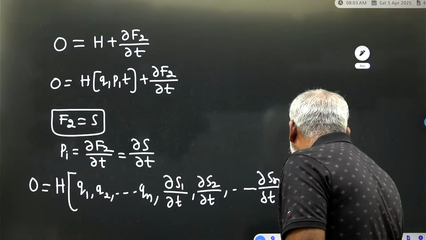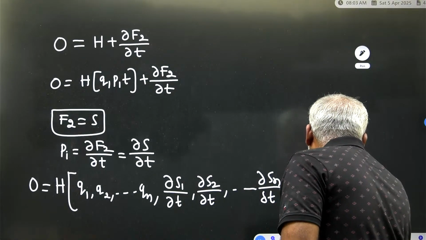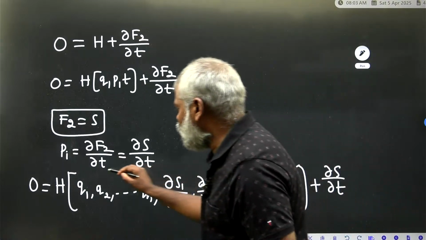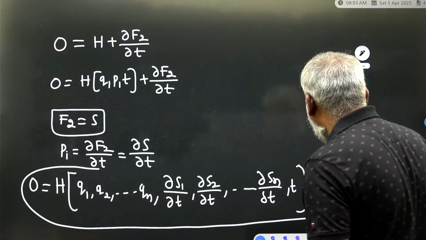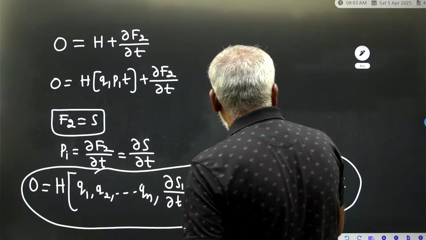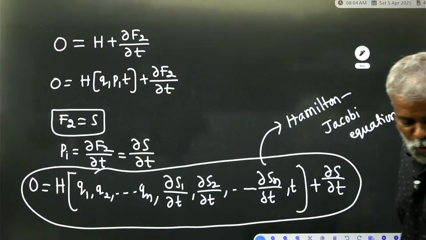This is the Hamiltonian function plus ∂S by ∂t, which is equal to 0. This expression we call the Hamilton-Jacobi equation.